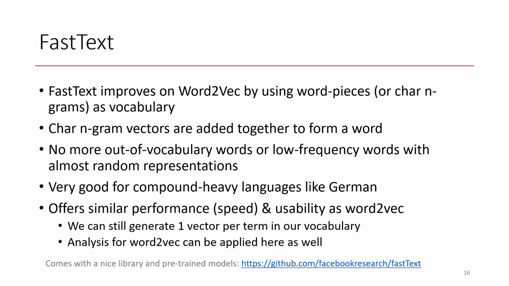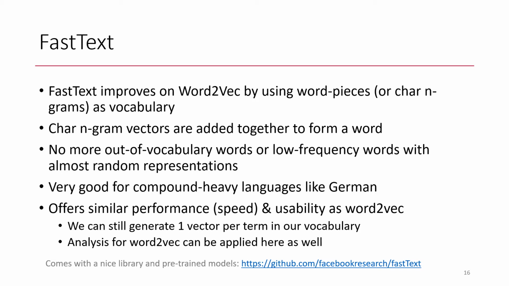And this is FastText. FastText improves on the Word2Vec idea by using, instead of whole words, word pieces or character n-grams as a vocabulary. Character n-grams here means that we take n characters at a time.